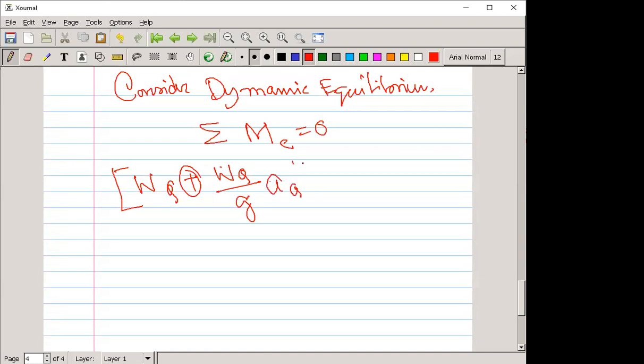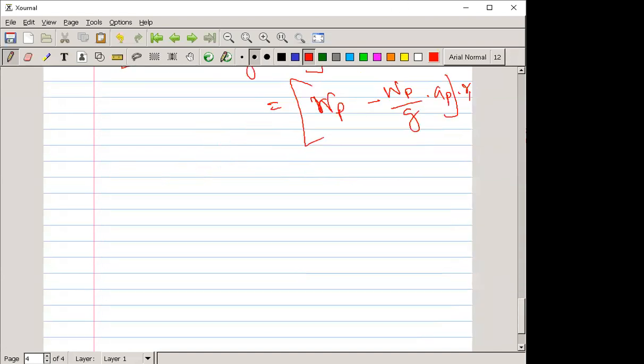So AQ into R2 is equal to, similarly, WP. WP is in the upward direction. So WP by G into AP into R1. Is it okay? Let's check.